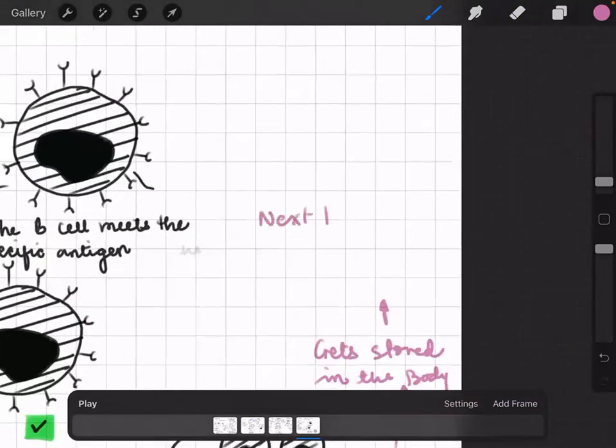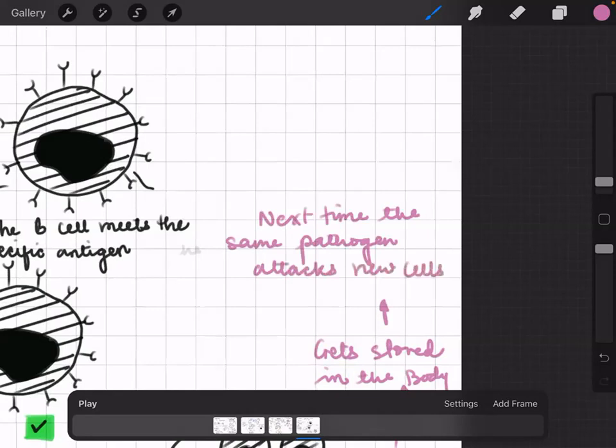And next time the same pathogen attacks, new cells will be made using memory cells.